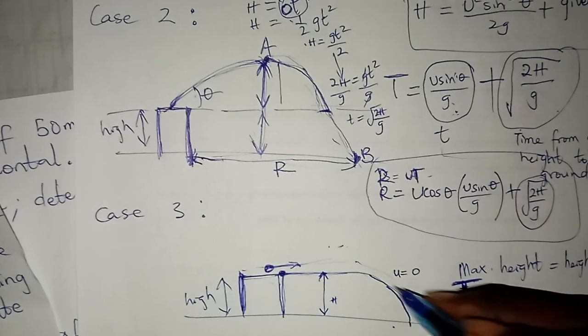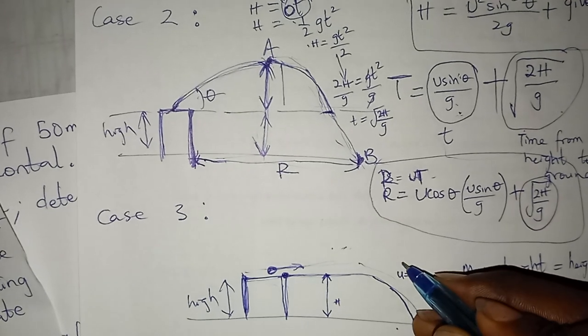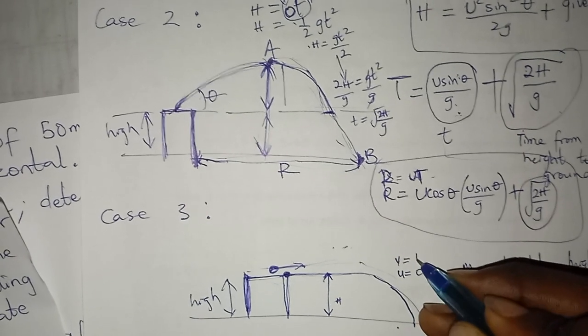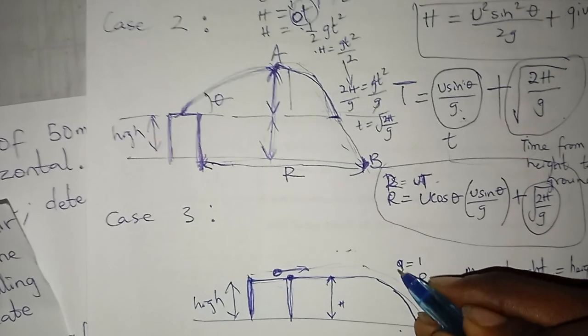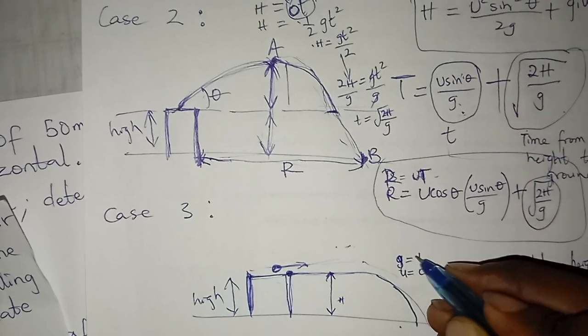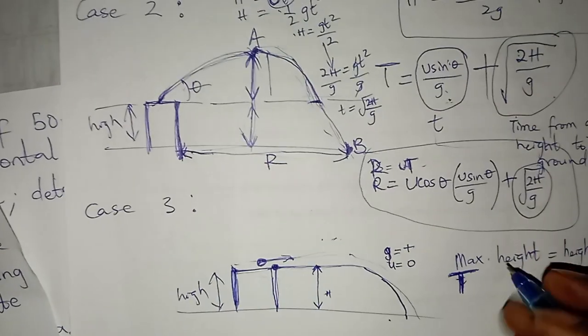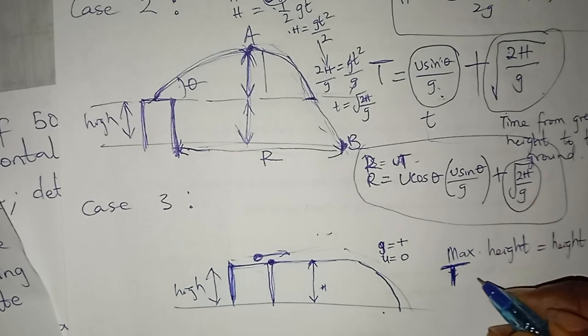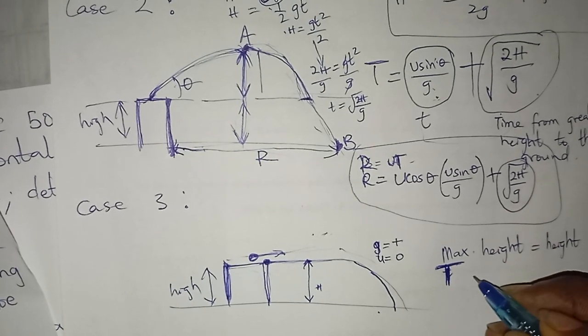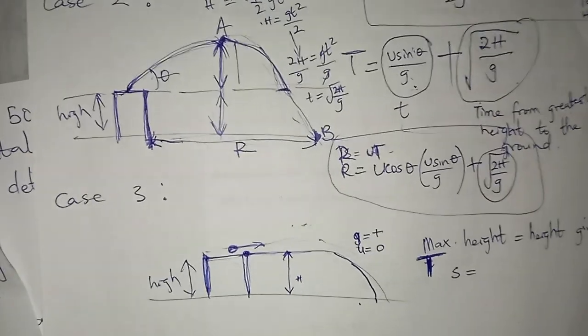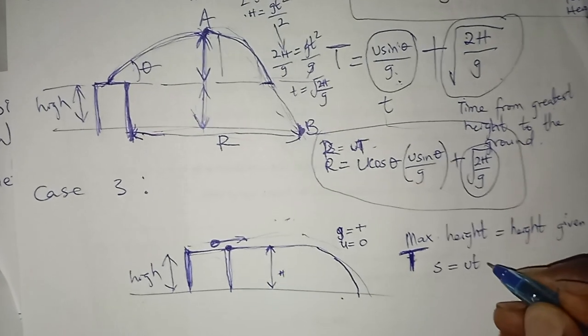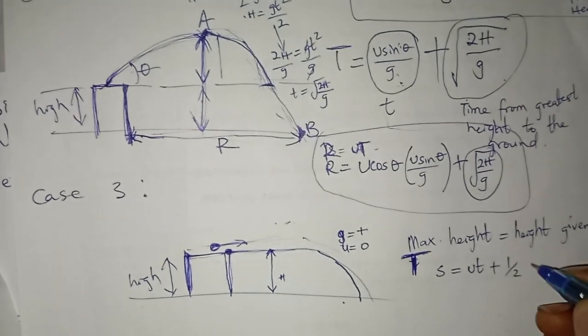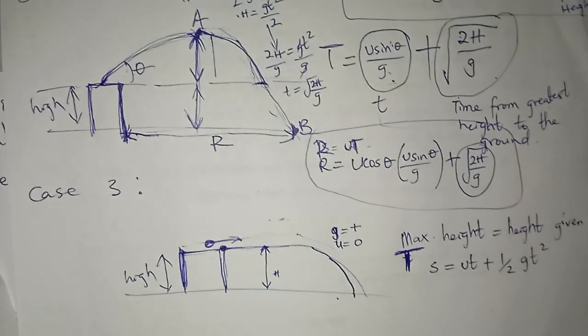It will have v, but the u will be 0, and since it's coming down, the g is positive. So to find the total time, it is simply going to be gotten by doing S equals to ut plus half gt square.